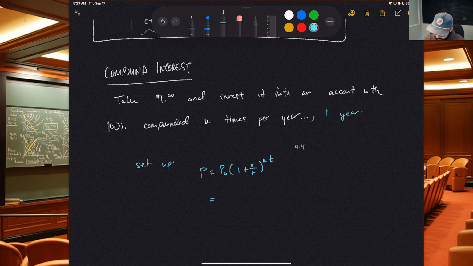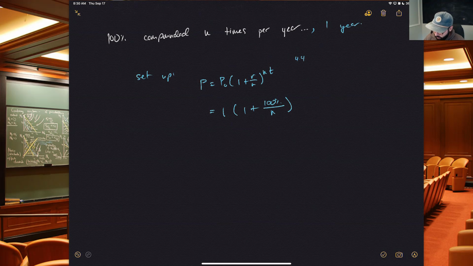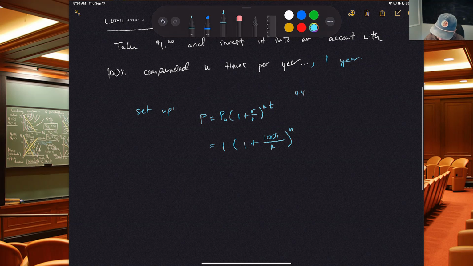So our P naught is 1 for $1, 1 plus the rate, which we could say is 100%, over n, and we're leaving that in the general form, and then all raised to the n power times 1 for 1 year. And so really this 1 out front is kind of unnecessary, so we're really just looking at the quantity 1 plus 100% over n to the nth power.